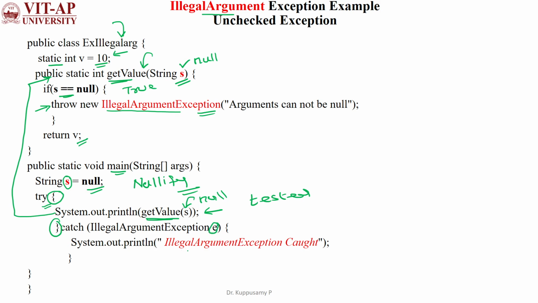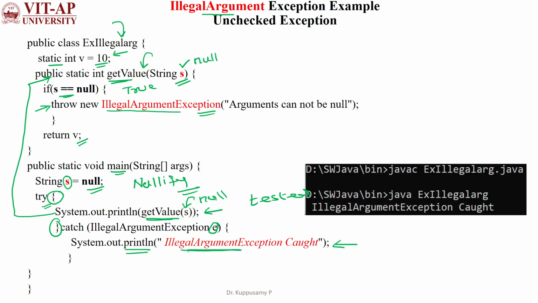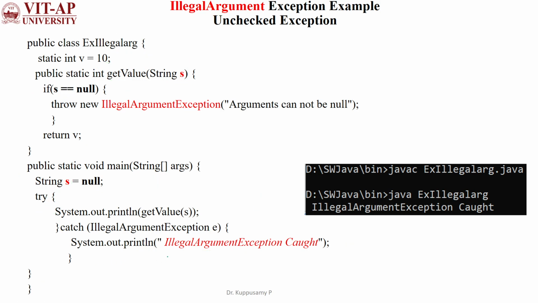If you want to print a notification to the user, you can use System.out.println with a statement, and it displays the illegal argument exception notification. If you don't want to give any statement like this, you can simply print the variable e, and you will get whatever is stored inside the variable e, right?